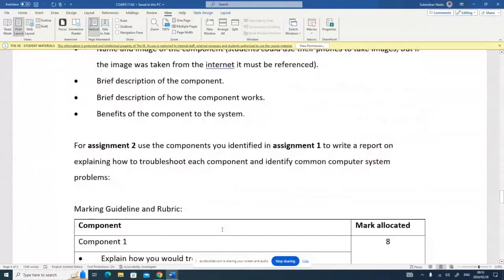Now, in assignment 2, use the components that you identified in assignment 1 to write a report explaining how to troubleshoot each component and identify common computer system problems.